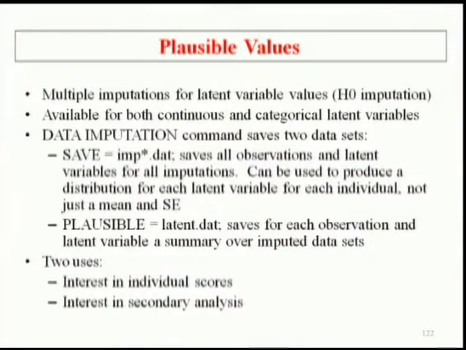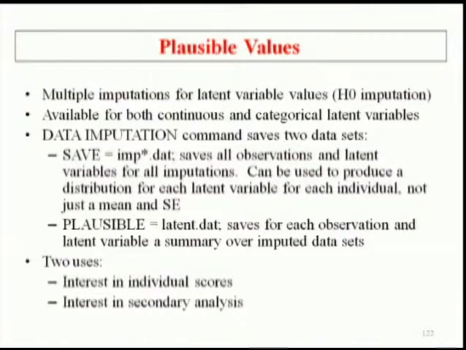Together with that, you get a data set from PLAUSIBLE equals, which saves for each observation and each latent variable a summary over imputed data sets. Instead of having it for each of the 5 or many imputations, you take, say, the mean across all of them. You can get the mean and the variance and the percentiles here.